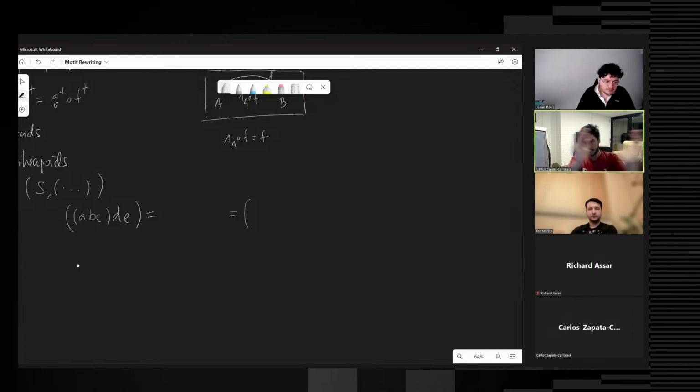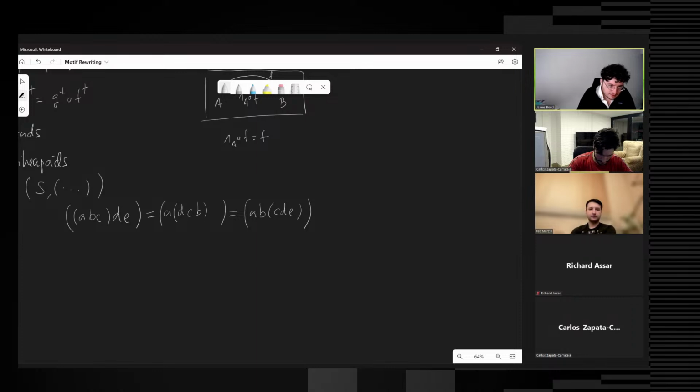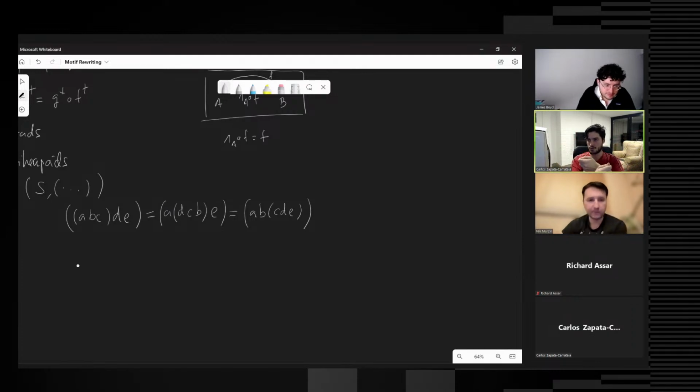You move the bracket associatively as you would, A, B, C, D, E. But in the middle, you have a departure from associativity, because you twist D, C, B, E, right? So what's happened is that you put the bracket in the middle, and B and D have swapped positions.